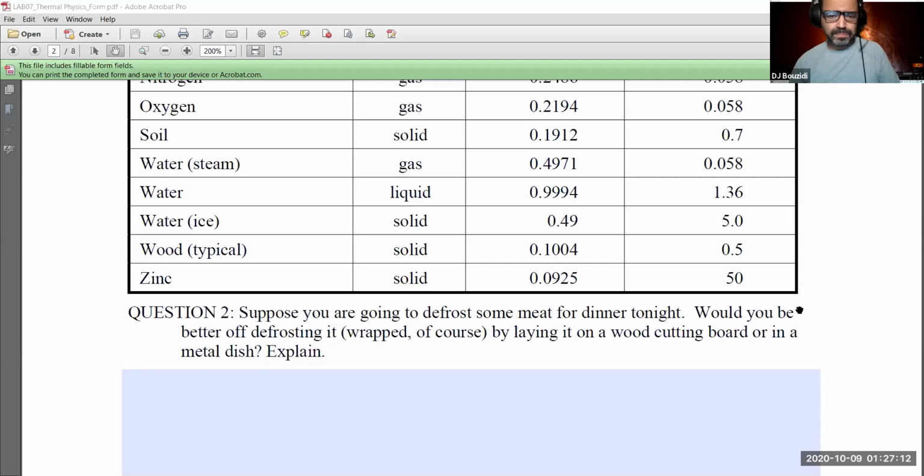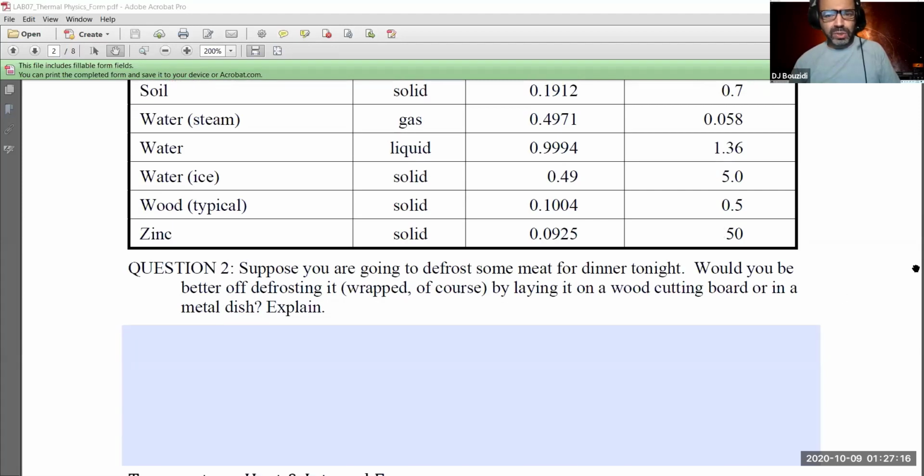So question 2. It's related to question 1, actually. Suppose you're going to defrost some meat for dinner tonight. You have a nice 2 pounds of very good meat that you want to cook tonight.